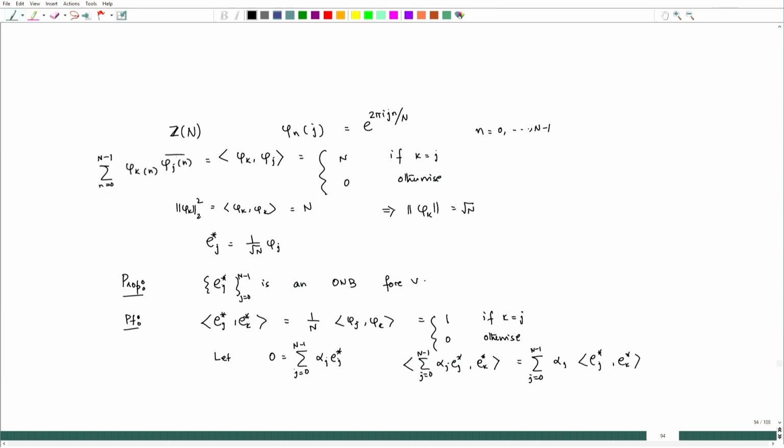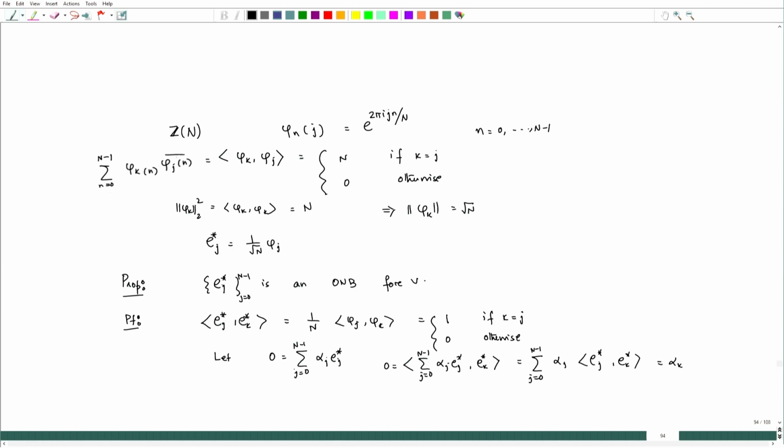This will only survive if j is equal to k, and that is going to give us 1. So, this is alpha k, and this is definitely 0, because 0 with the inner product with anything is 0.